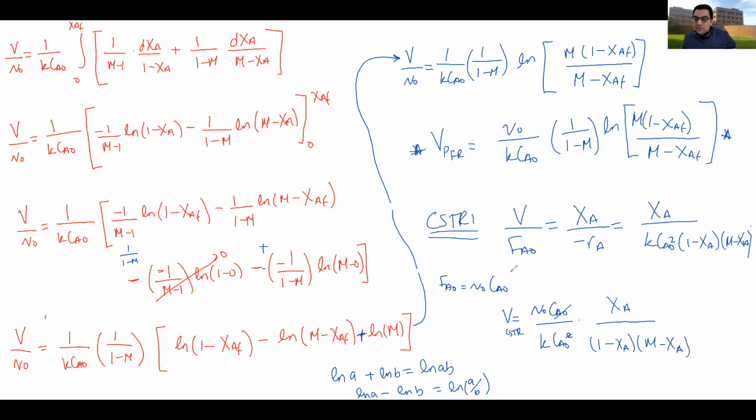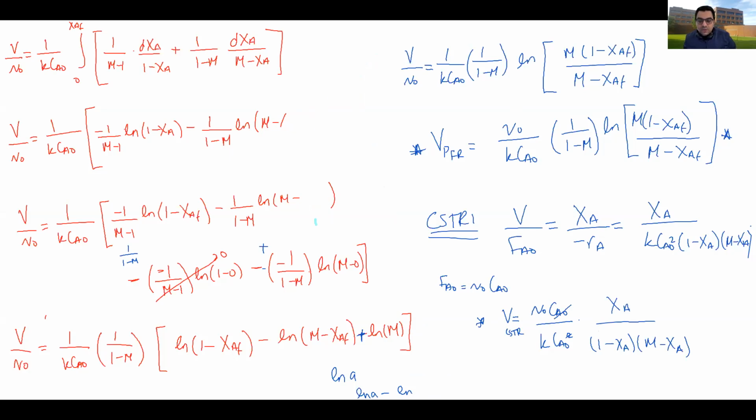So I have two equations, one for the volume of a PFR, one for the volume of a CSTR, and the problem is asking which reactor will require the smallest volume. Okay, so now I have both equations. I can plug in numbers, I can compare them directly.